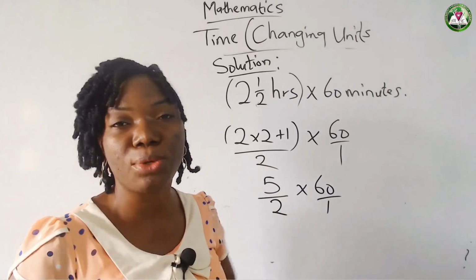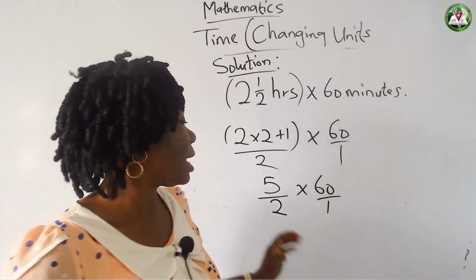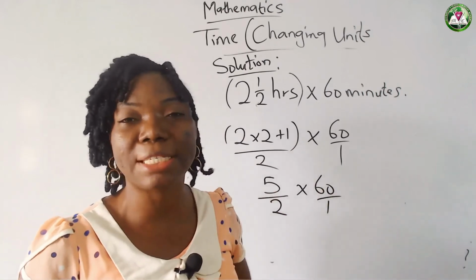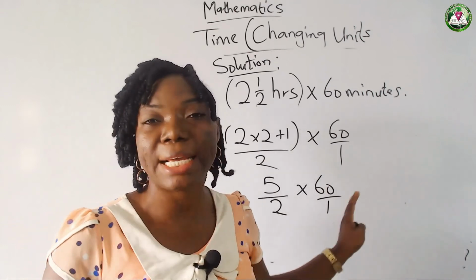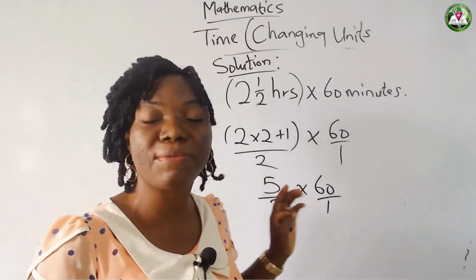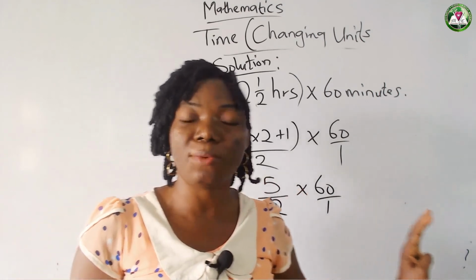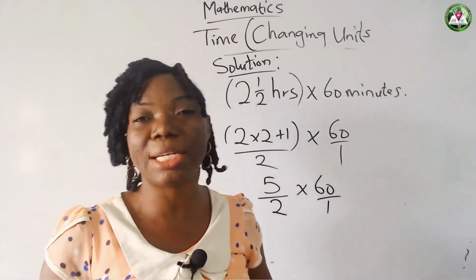What we are going to do is to find a factor that can divide through. Now we have 5 over 2 and we have 60 over 1. You know that 2 can divide 60, but 2 cannot divide 5. Remember, you don't divide a numerator with another numerator, neither can you divide a denominator with another denominator.